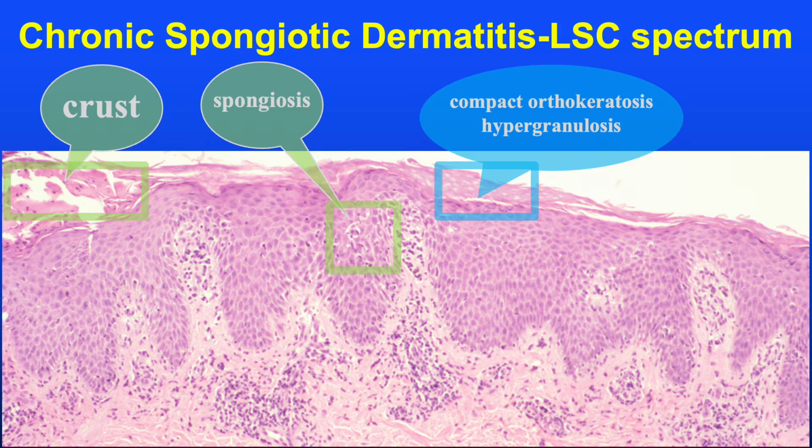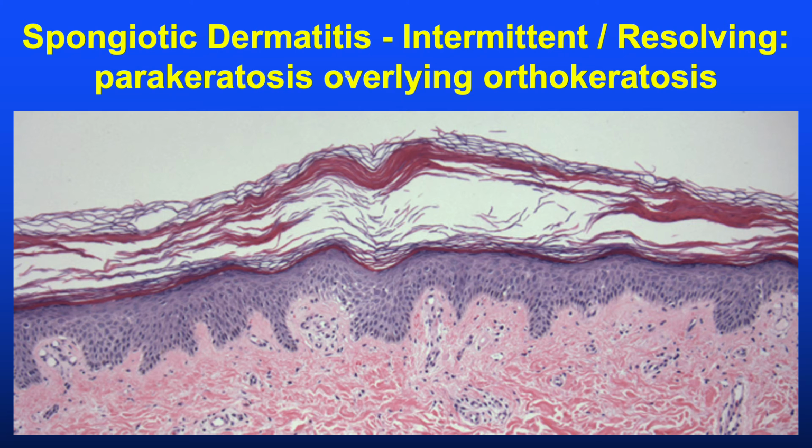So for example, in this partial sampling, we can see features of acute spongiotic dermatitis with crust and spongiosis juxtaposed directly with features of chronic spongiotic dermatitis, namely compact orthokeratosis with hypergranulosis. Moreover, the dynamic process of spongiotic dermatitis tends to wax and wane.